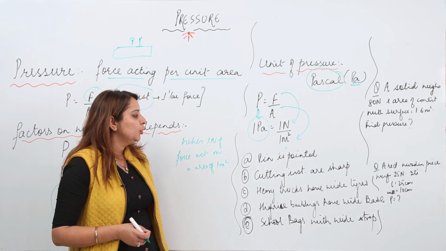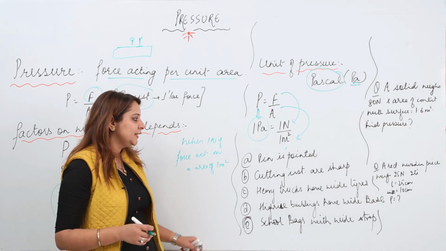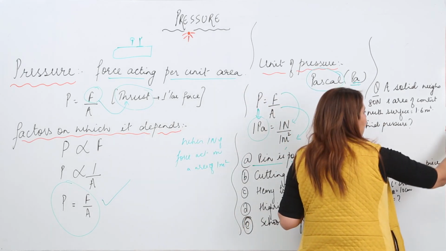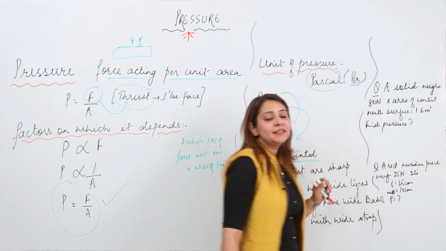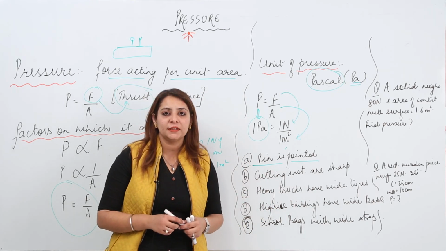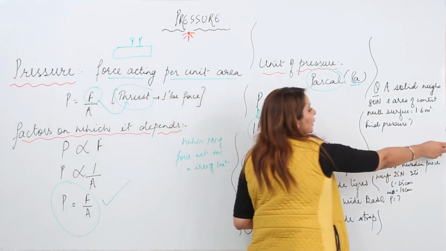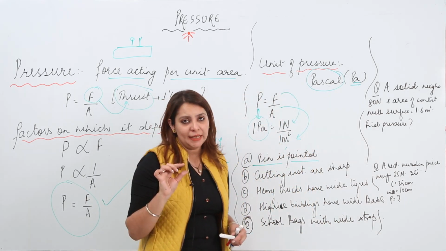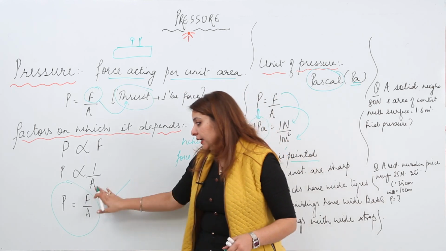Now if we look at the applications, you have seen that a pin is pointed. Do you know why the pin is pointed? Being pointed means the area is very less.